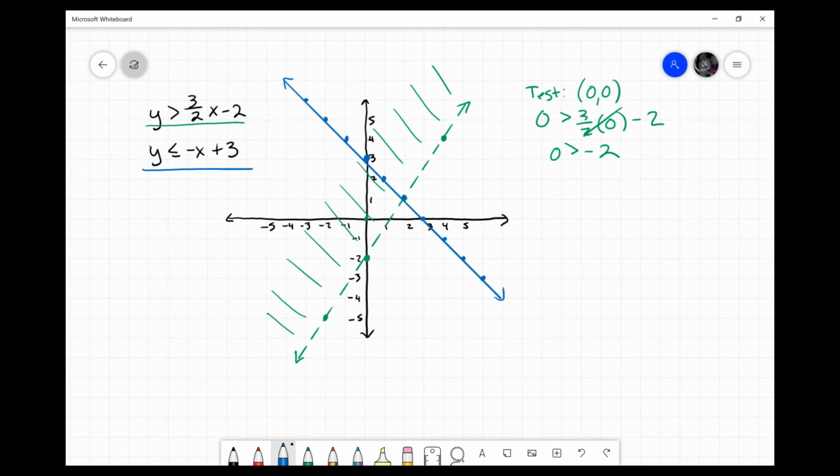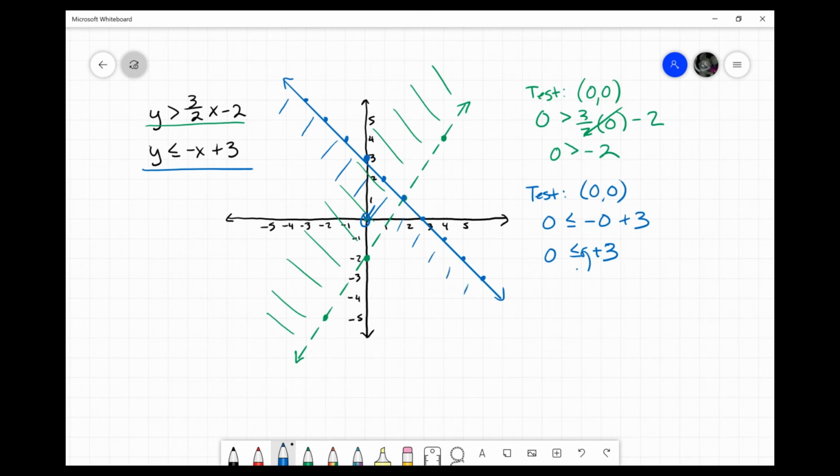But to know what way to shade, we don't want to use a point on the line. I think using the origin again as the test point could be a good idea. So I'm going to have 0 is less than or equal to a negative 0 plus 3. So is 0 less than or equal to a positive 3? That is true. 3 is not equal to 0, but 3 is bigger than 0. So the test point works, and so we would be shading below, but it will not be everything below the line.